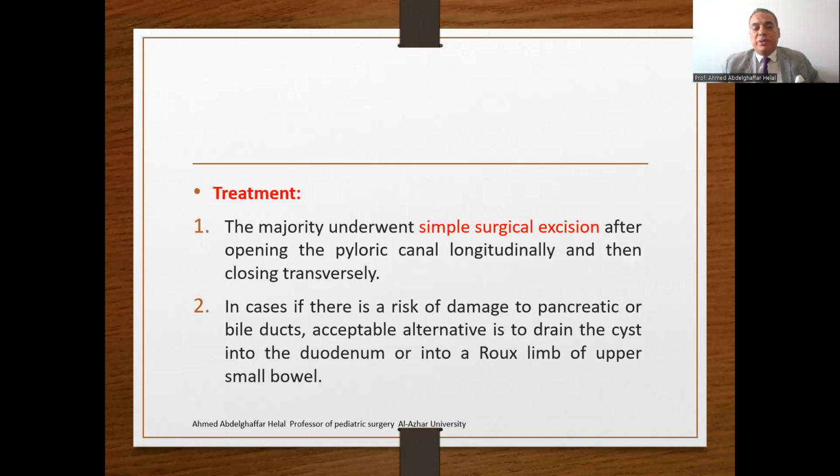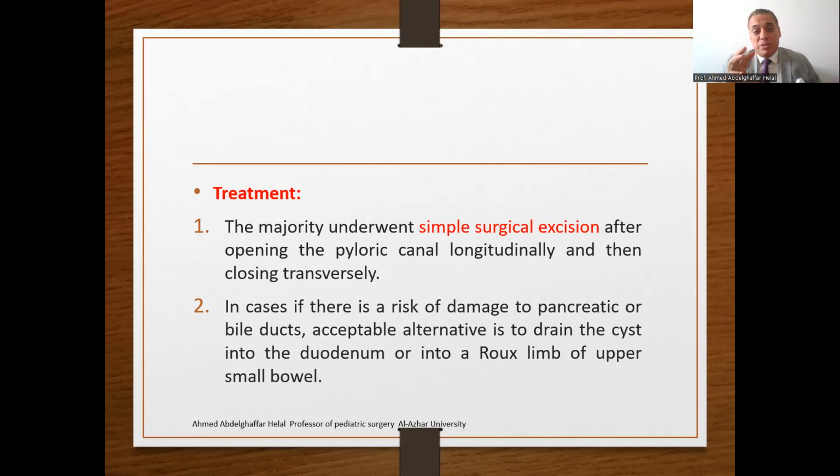For the treatment, the majority underwent simple surgical excision after opening the pyloric canal longitudinally and closing it transversely. In case there is a risk of damage to the pancreatic or the bile duct, an acceptable alternative is to drain the cyst into the duodenum or a Roux limb of the upper small bowel.